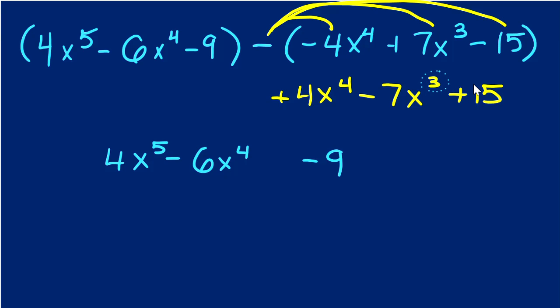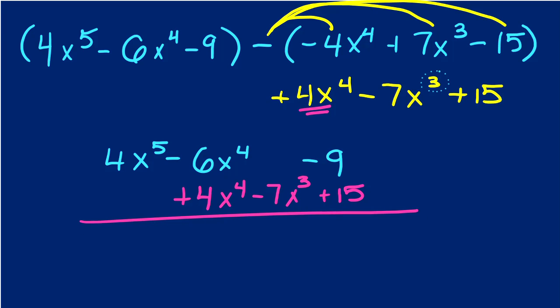And so I'm just kind of leaving a space for some stuff that doesn't exactly line up. Okay. As we go to our next part here, our plus 4x to the fourth is going to line up with that term right there with a negative 6x to the fourth. The minus 7x cubed doesn't really line up with anything because there's no like term that goes with it. And then there's a plus 15.